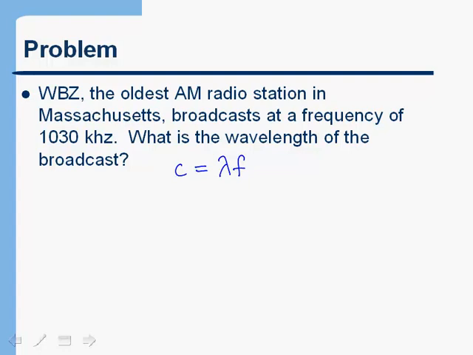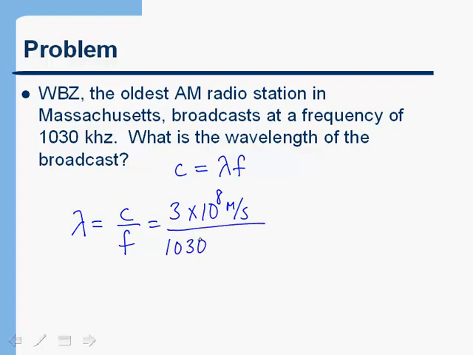And I want to solve that for the wavelength. So the wavelength is equal to the speed of light divided by the frequency, or 3 times 10 to the 8th meters per second divided by 1030 kilohertz. If I want my answer for wavelength to be in meters, then I have to have my frequency in hertz.